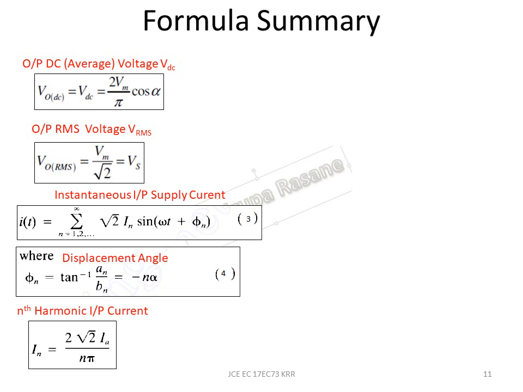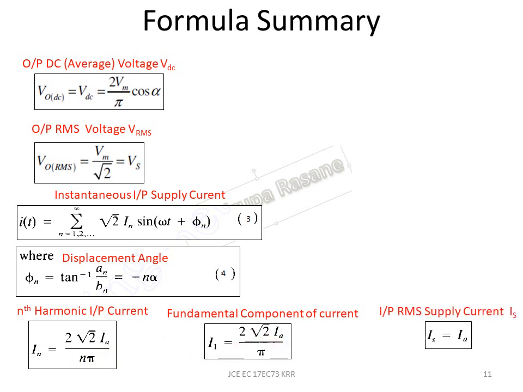Then the nth harmonic component of a full converter In is given as 2 root 2 Ia by n pi, where Ia is the load current. Then the fundamental component is got by putting n equal to 1, so we get I1 equal to 2 root 2 Ia by pi. Next is input RMS supply current Is, and it is the same as the load current.